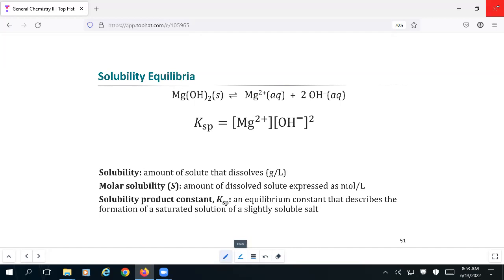Molar solubility is what we're going to concern ourselves with most, because our equilibrium constant is always going to be using molar concentrations. So from that perspective, molar solubility is going to be our default mode of expressing solubility.